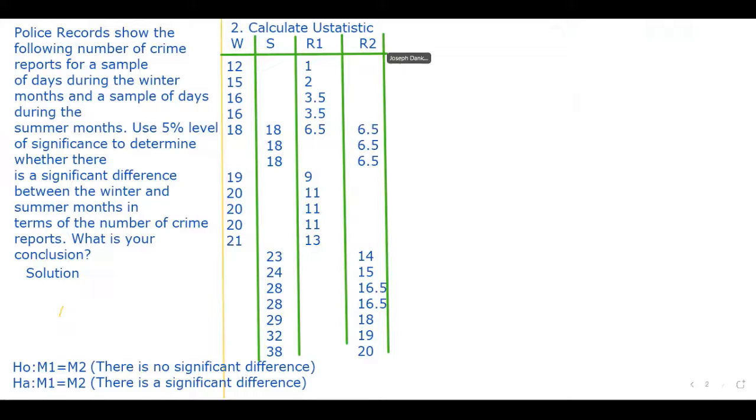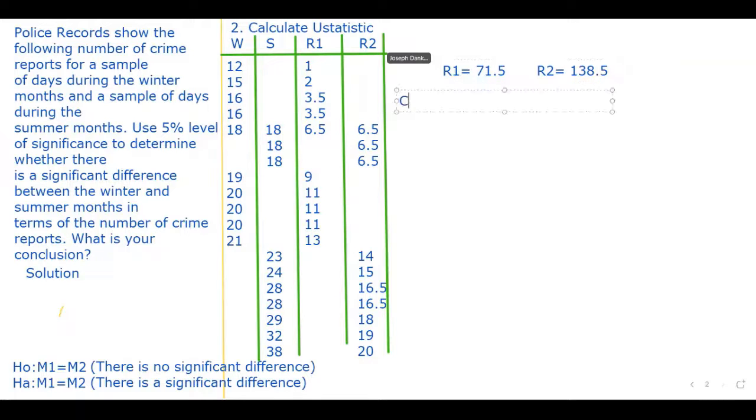So R1 is 71.5. R2 is 138.5. Okay, so we have to check.